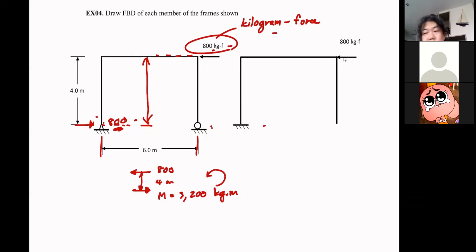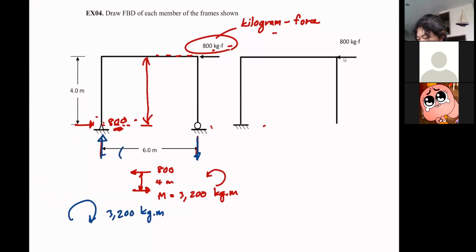So now, in order to balance this frame, I will need the moment equal to 3,200 clockwise, correct? Now I have only these two vertical reactions. To generate the clockwise moment, I would know that this would have to go down and this would have to go up, right?